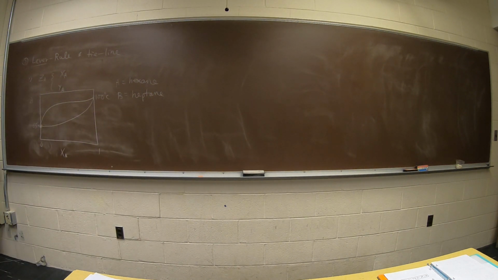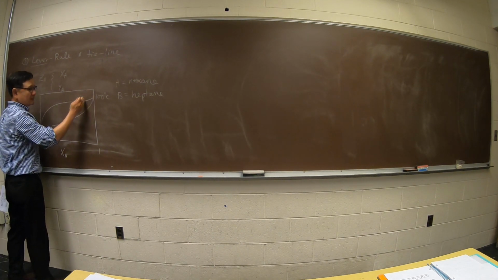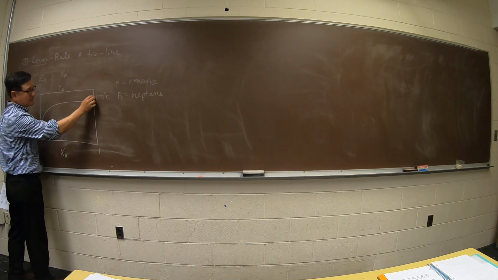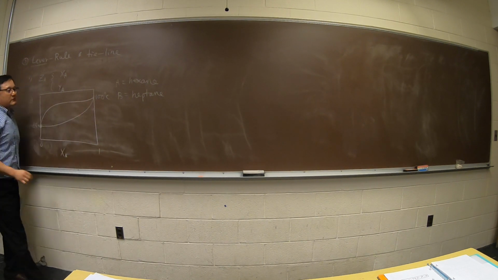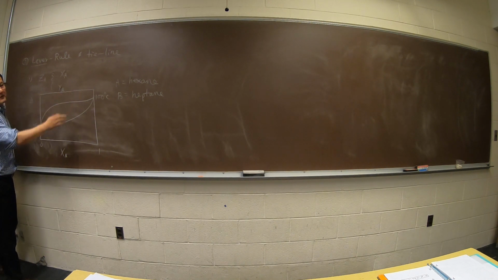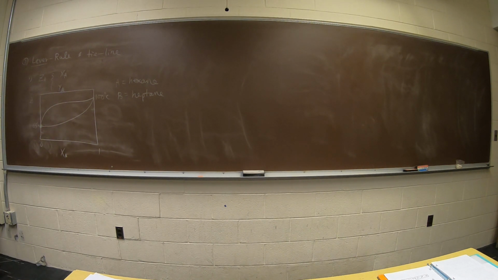Can you also see that already it's not an ideal solution? This is bothering me a lot. Raoult's law doesn't work here. Raoult's law only works in the region where A is 100%, and maybe here where we are concerned with just the heptane as a solvent.